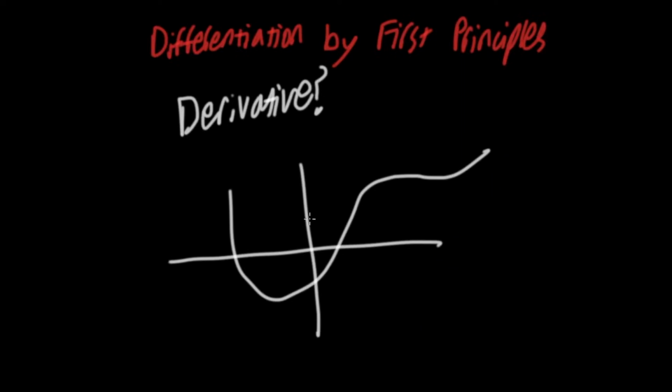Graphs that are not linear are changing all the time. So this point here is different from this point here, which is different from this point here. Even points that are right next to each other are different. The derivative allows us to find the slope of that particular point.